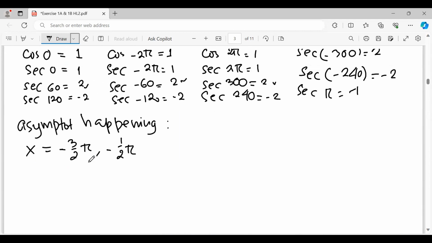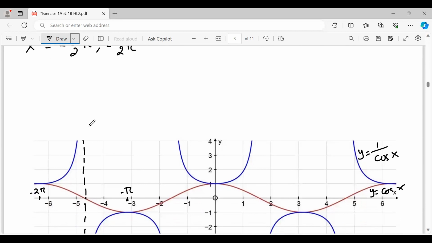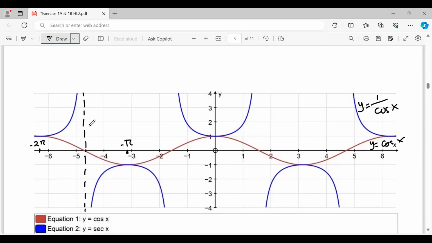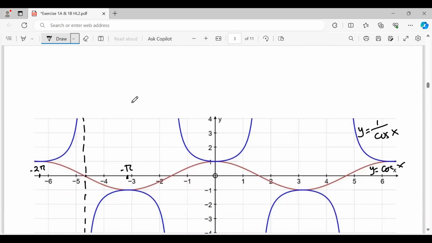Because if you calculate secant -3/2 pi, it will be undefined. So x equals -3/2 pi is an asymptote as well, and -1/2 pi.